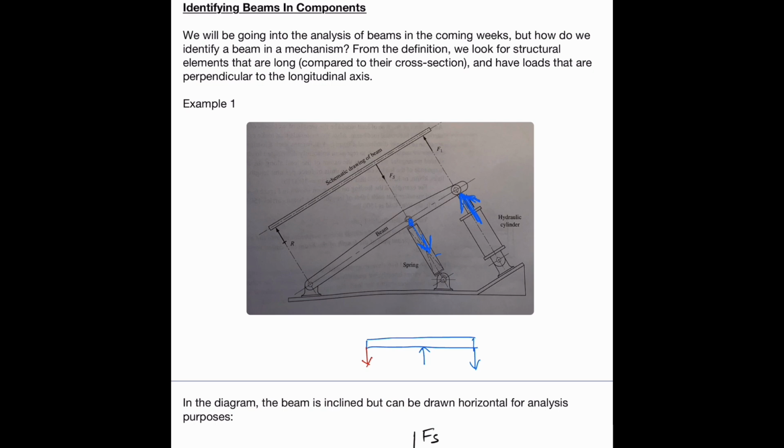Meaning that if we draw it down and in resolving we use up as positive, then if the answer we get is positive, it was in the correct direction. If it's not, then the direction is the opposite.